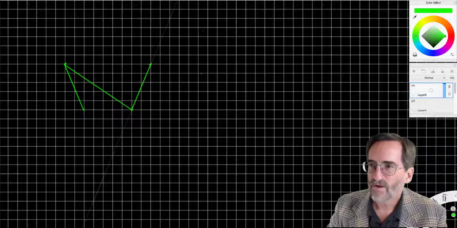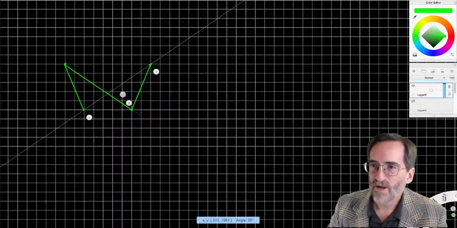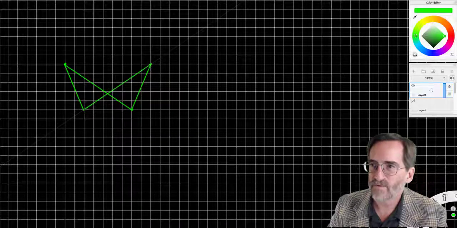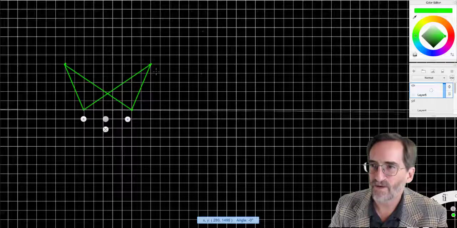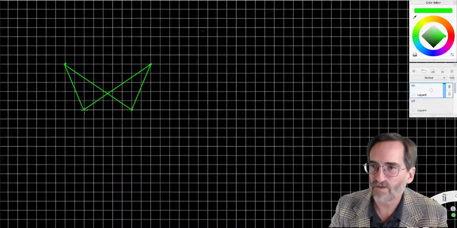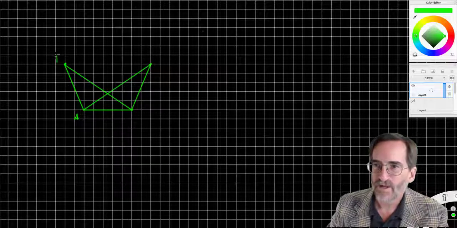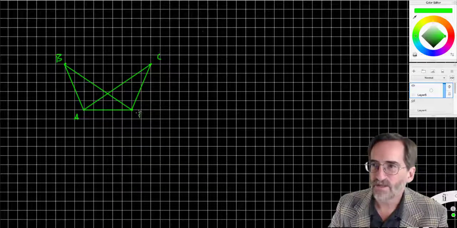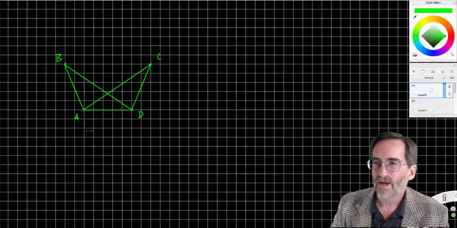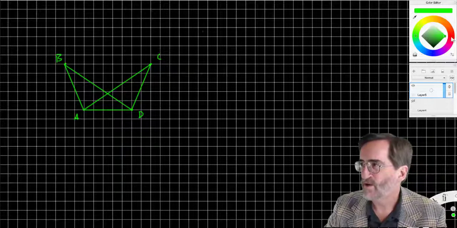Right now it looks like we just have bow ties and angles sharing a vertex, but with this line now we have overlapping triangles. A, B, C, D. And the triangles are right here.